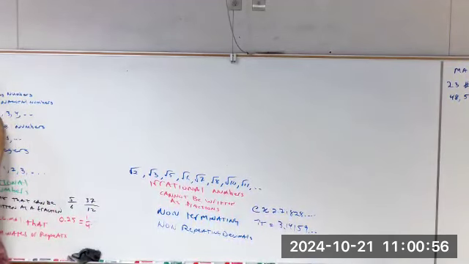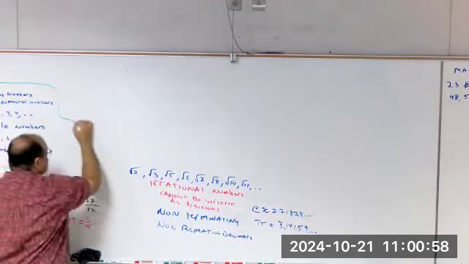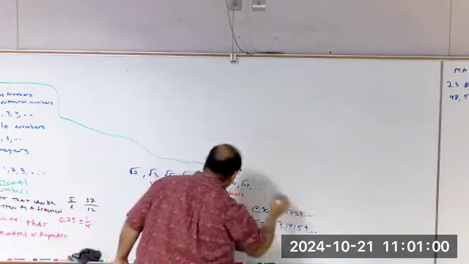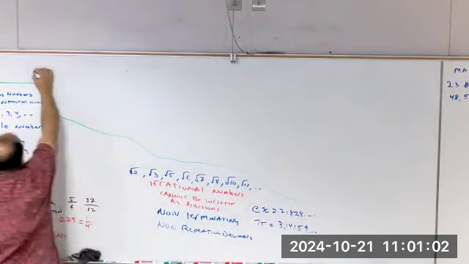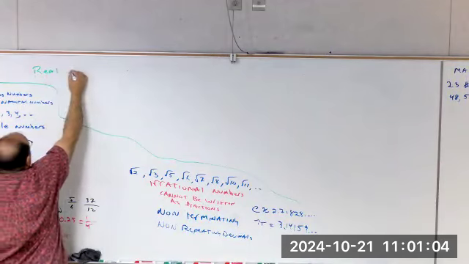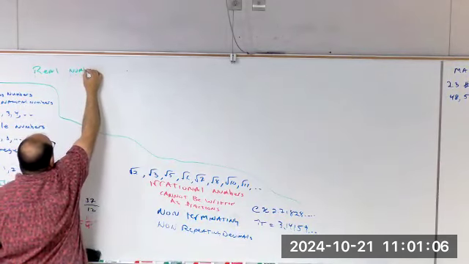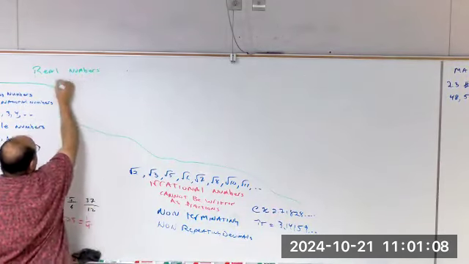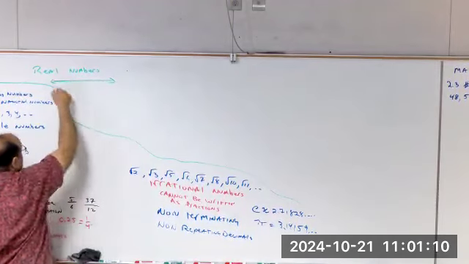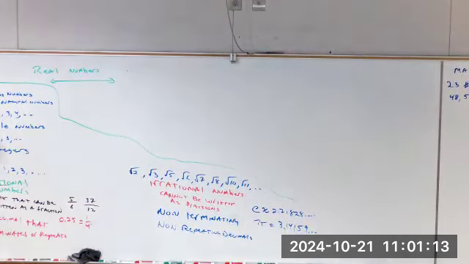All of these are in one family, one set, called the real numbers. If you make a number line, everybody in these sets that we've written up here, they're all on the number line.